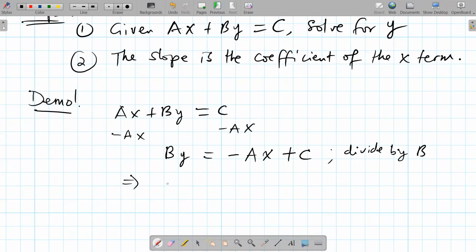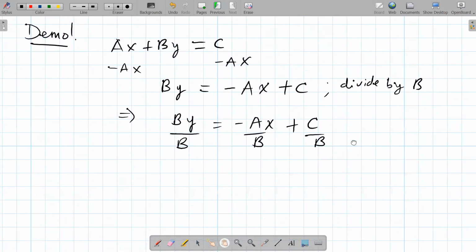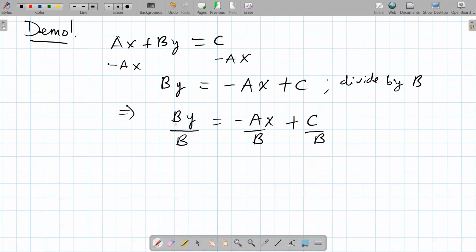So if I do that, it means by over b, negative ax over b, plus c over b. The b is going to cross out, so we'll be left with y equals negative a over b x plus c over b.